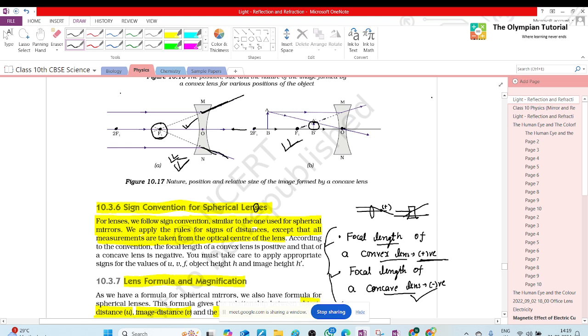But in a convex lens, we can take it on the right side. So only these two. And the object distance will always be taken as negative because it is on the left side. And the image depends on the condition.